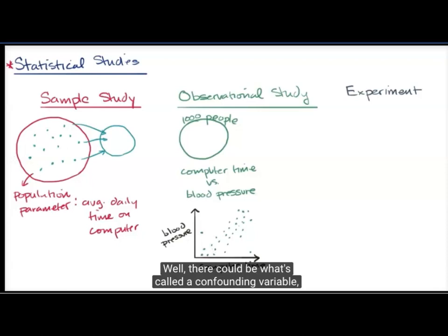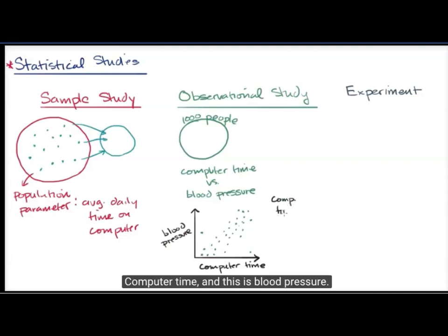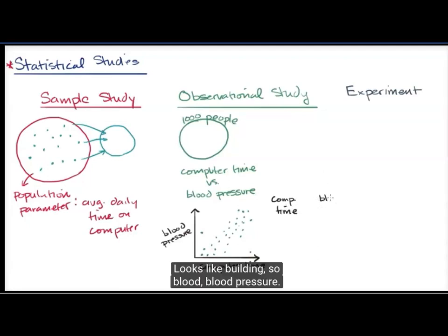Well, there could be what's called a confounding variable, sometimes called a lurking variable. So let's say this is computer time, and this is blood pressure. And it looks like these two things move together.